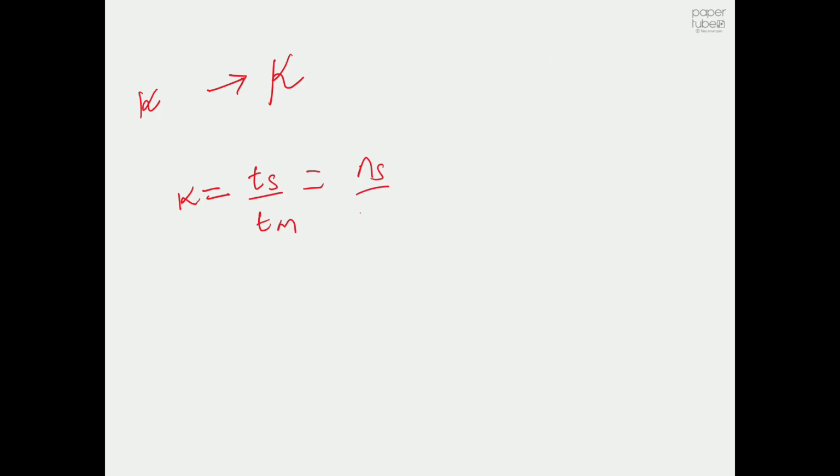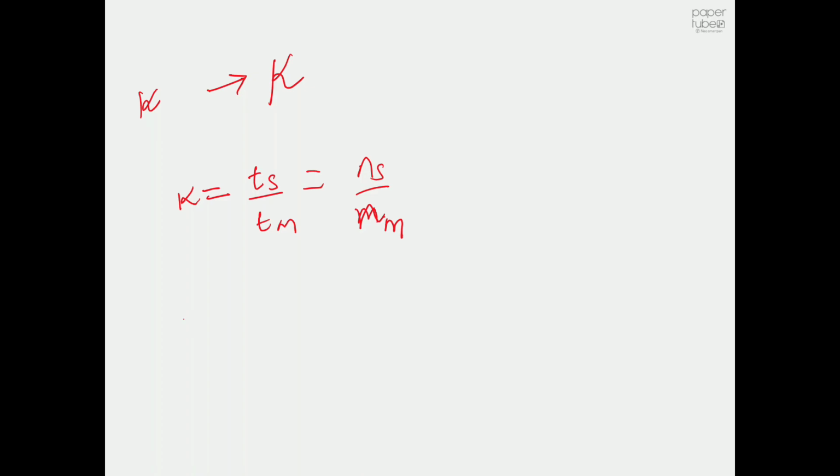K is equal to Ts by Tm, that's equal to Ns by Nm. What we are going to do is going to be very tricky. Let's just divide this value.